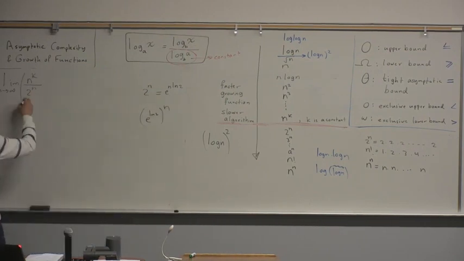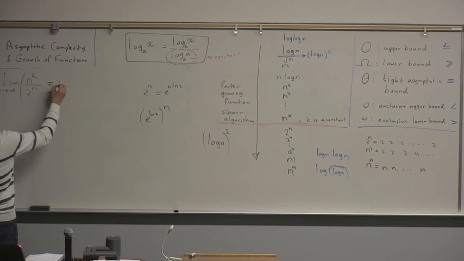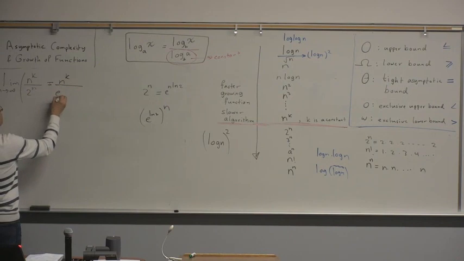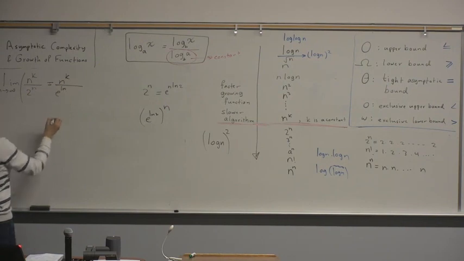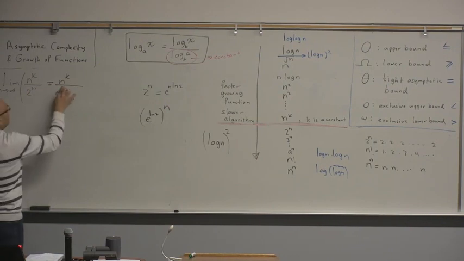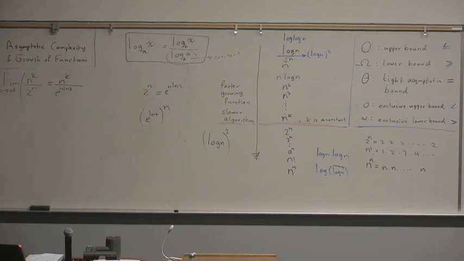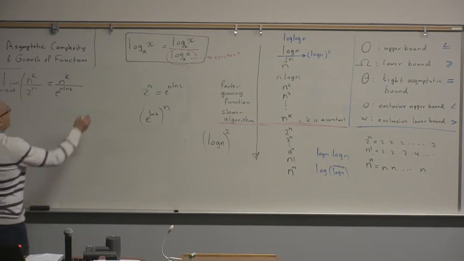So this limit is equal to the limit of n power k divided by e power n ln 2. Now note that ln 2 is a constant.